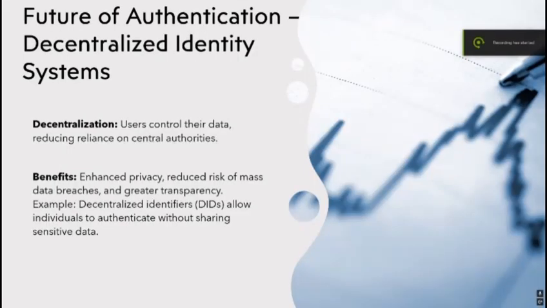My name is Abdullah Shaibi, and today we will talk about the future of authentication and decentralized identity systems. Decentralization means that users control their data, reducing the reliance on central authorities.